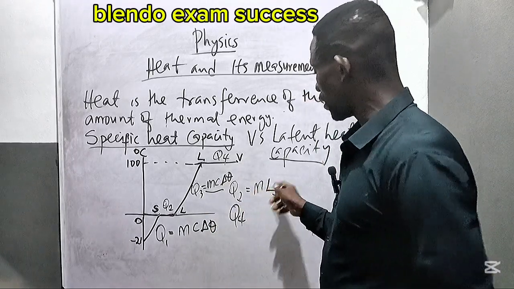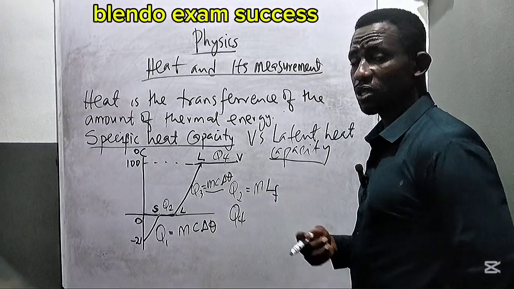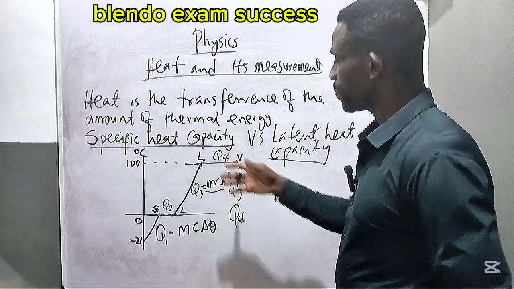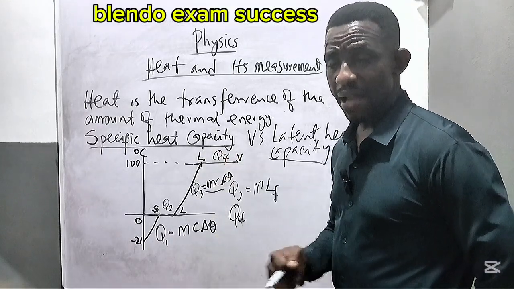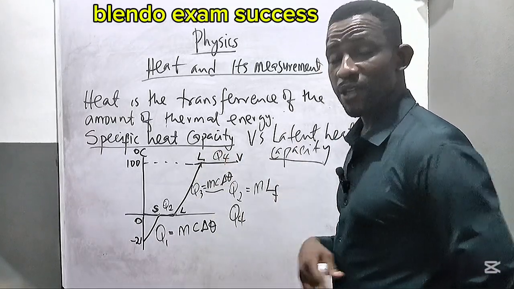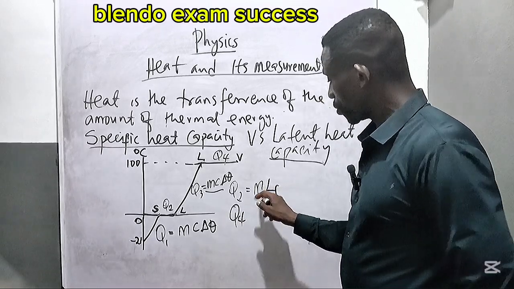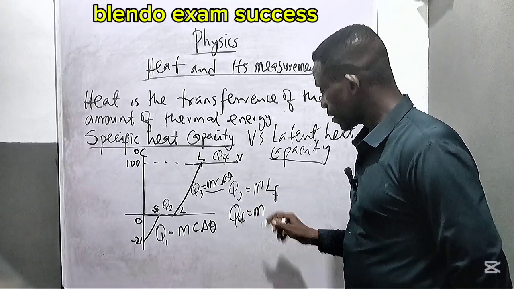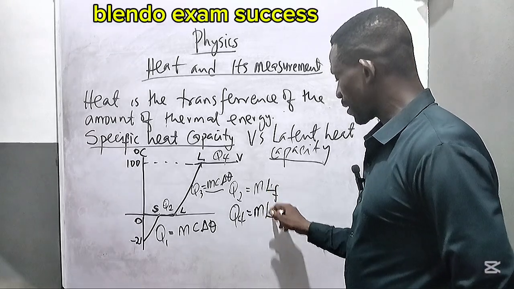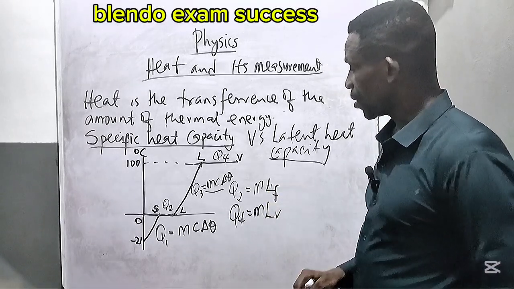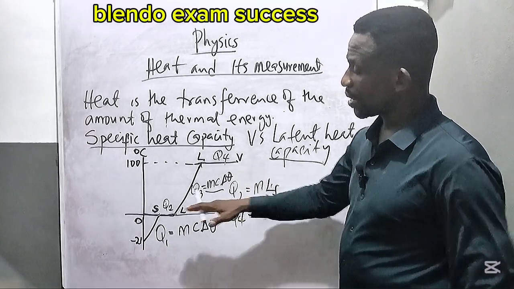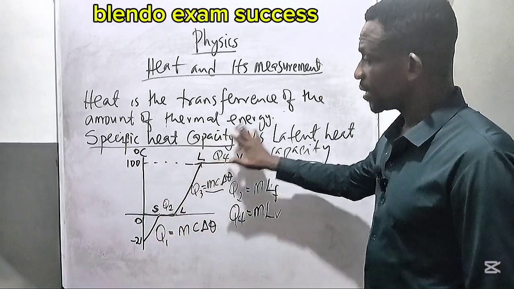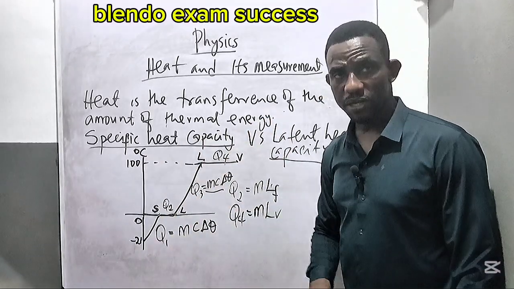Latent heat of vaporization is responsible for breaking the bonds holding the liquid and turning them to vapor. So from here, you will have mass of water multiplied by latent heat of vaporization. So this is how we can summarize heat and its measurement.